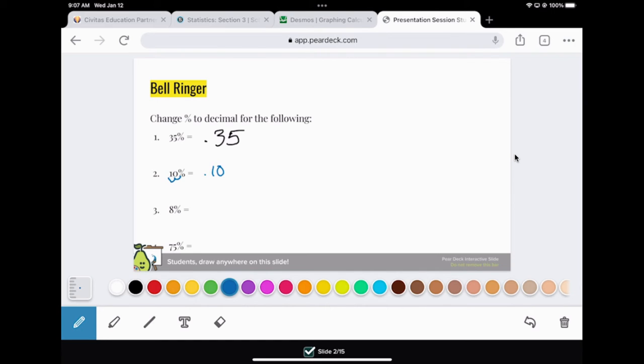If you're good with that, then that's fine. Otherwise, just take the number and divide by 100, that will give you a decimal. As simple as that, right? 10 divided by 100 gives you 0.10. Or you can do just 0.1, same thing.